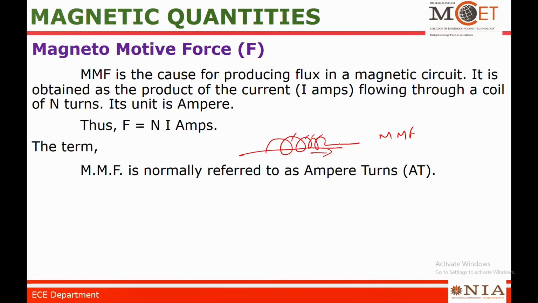Say the number of turns in that coil is 4: 1, 2, 3 and 4, multiplied by the current in that coil. So the formula is F = N into I, the number of turns into the current, and it is in terms of the ampere.